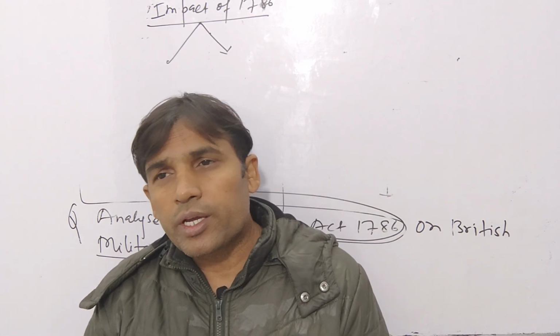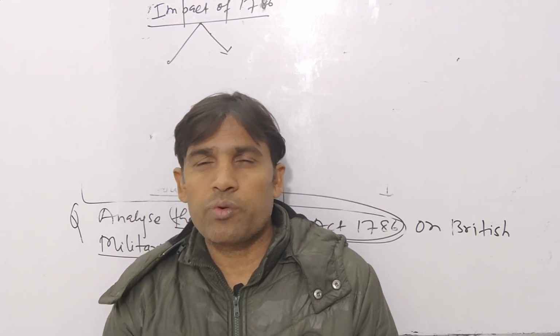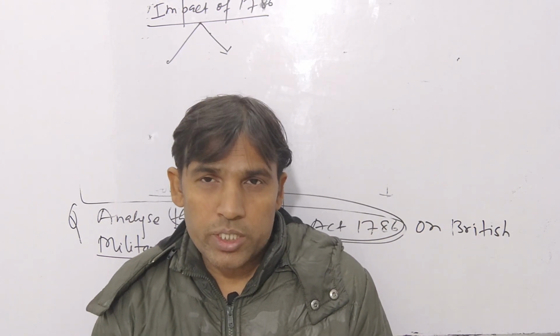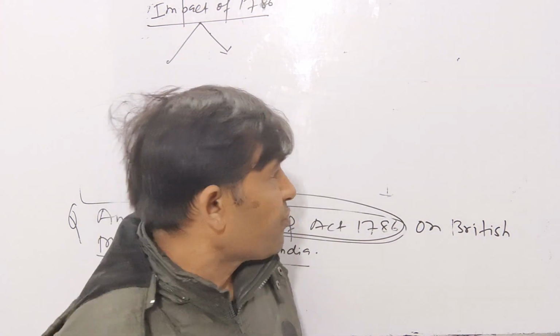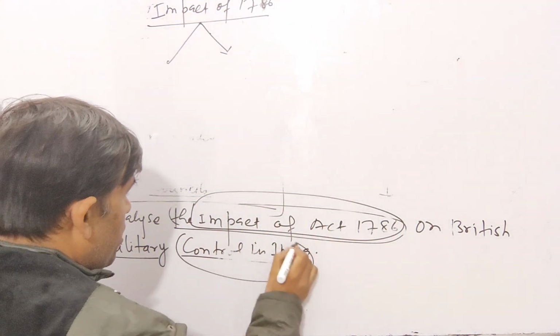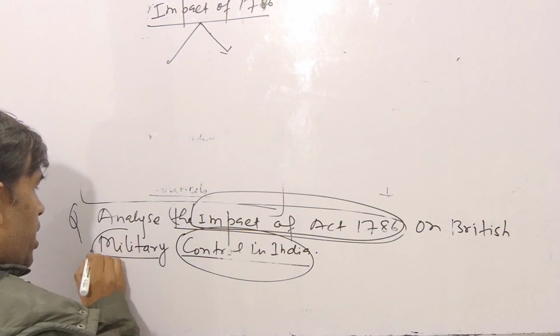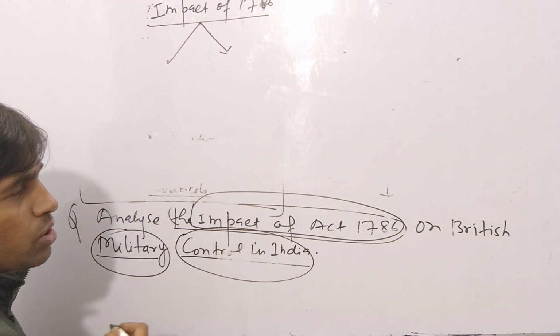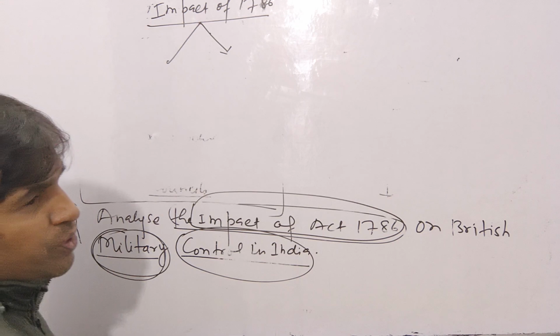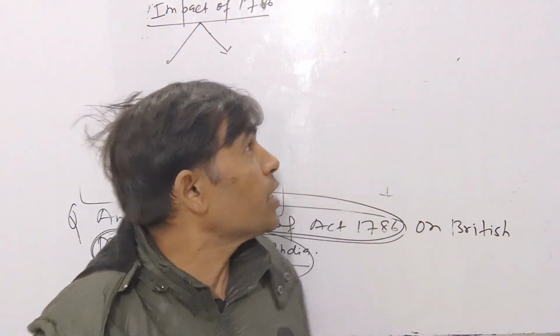All these things were overtaken by the British, or you can say the East India Company. So these factors led to British control in India and to their military alliance. Their military was strengthening day by day, because in one way the kings did not have power.